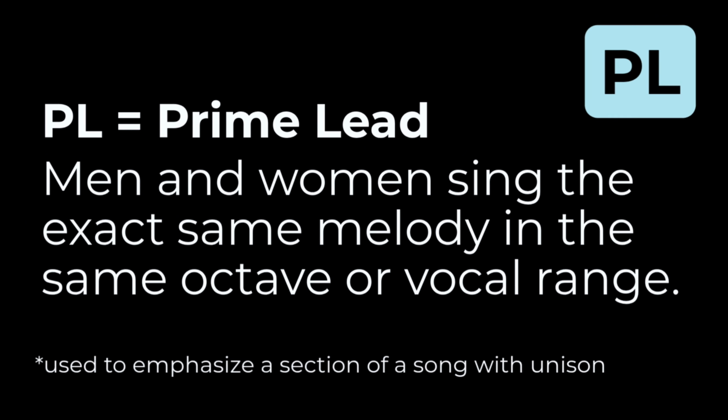That means you're singing in the same octave, not different octaves like before on lead. So it would be burn like a fire. The girls would be low singing on the C, burn like a fire. And the guys would be up singing the same C, burn like a fire.